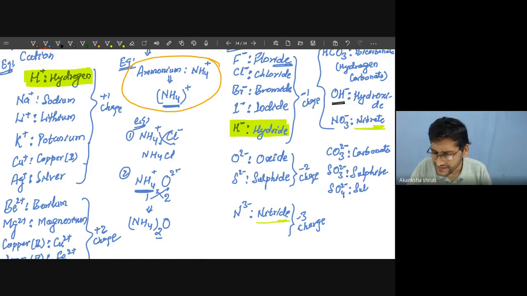It is called sulfate, ATE. Again, differences you need to keep in mind. It is ITE, it is ATE. Here it was 3, here it is 4. So all of these carry 2 unit negative charge.